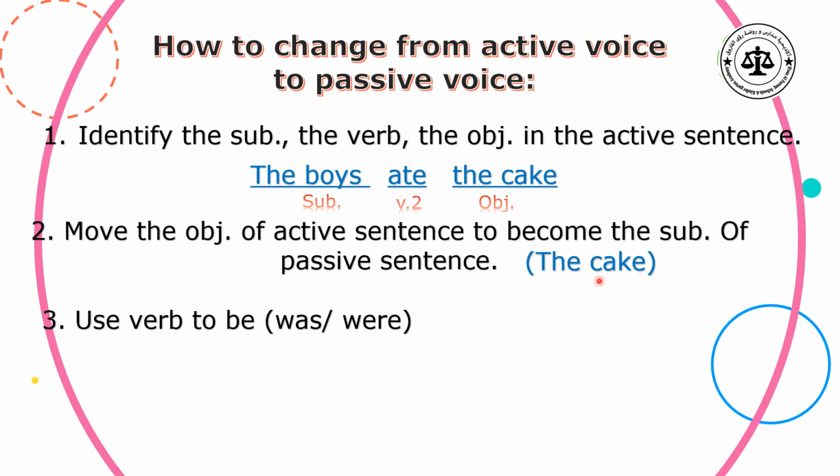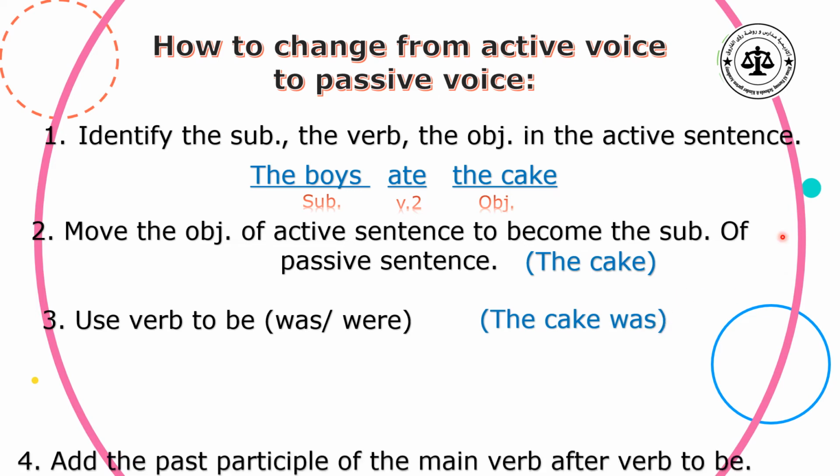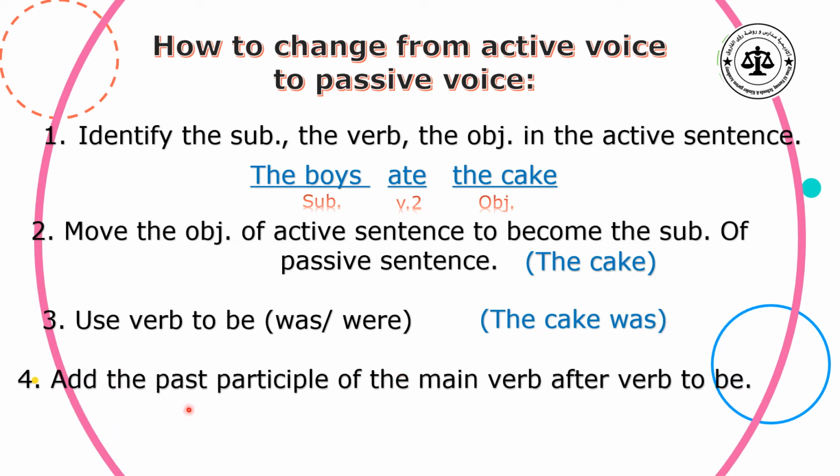But the cake is singular, so we will use was. The cake was. Next, add the past participle of the main verb after verb to be. Past participle of ate is eaten, so the sentence will be the cake was eaten. We can continue our sentence by using by the boys, or we can leave them out.